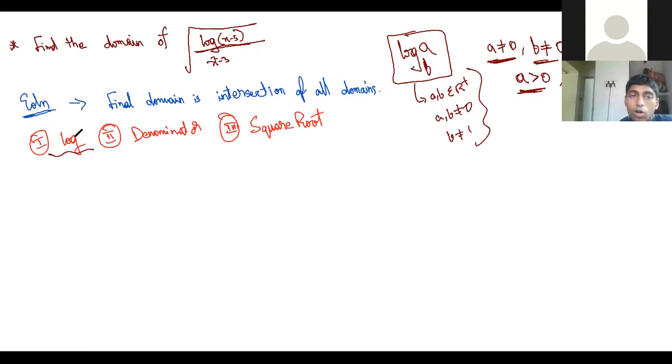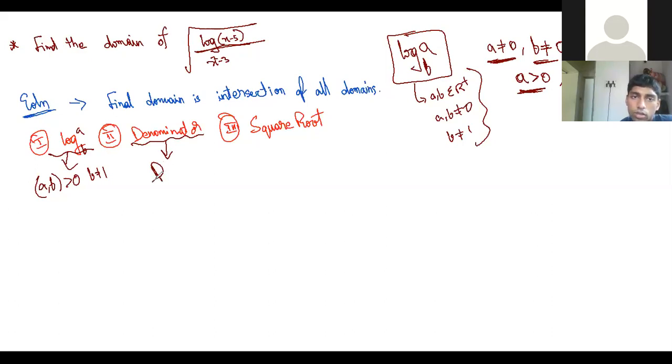What are the constraints or requirements of log a to the base b? It is required that both a and b are always positive and b does not equal 1. What about the denominator?